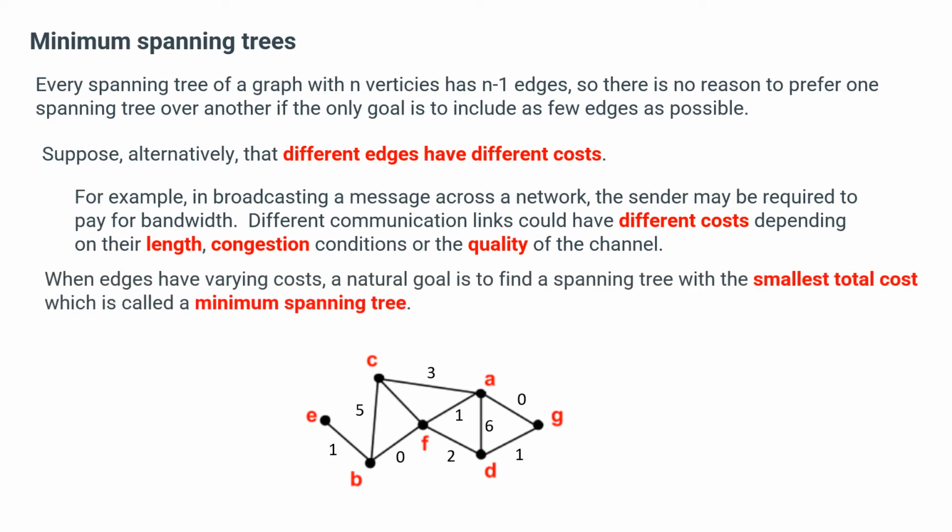So what we might want to do in that case would be find a spanning tree that uses the edges that would represent the lower cost edges and still be able to span the entire graph. So this says here, when edges have varying costs, a natural goal is to find a spanning tree with the smallest total cost, which is called a minimum spanning tree.